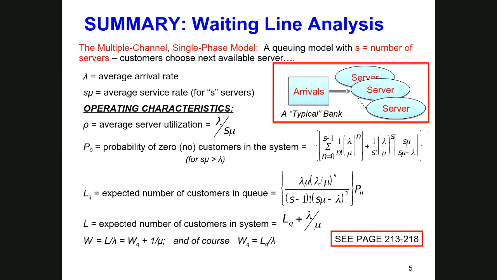If you use QMacros, in order for me to check your work, be sure on your paper or form or whatever you turn into D2L to tell me how many servers, what you used, and what the lambda and the service rate, the arrival rate and the service rate, are, so I can go back and check your work.